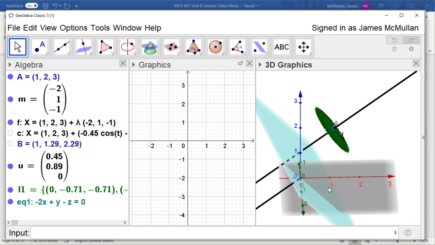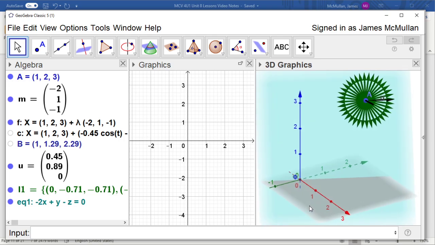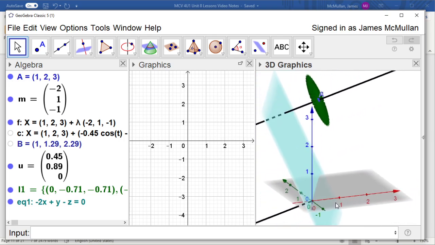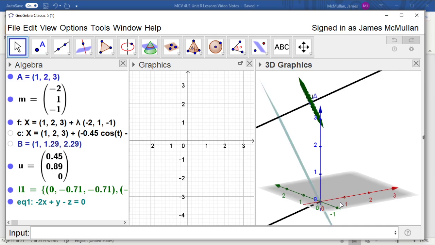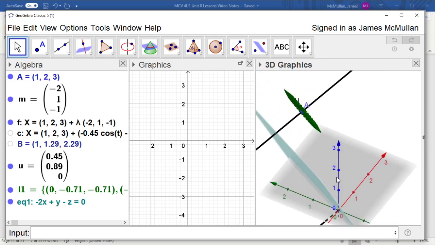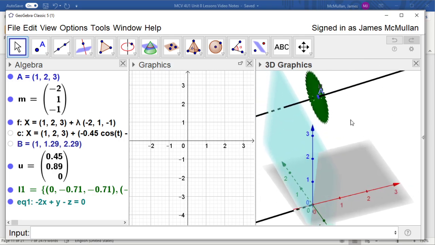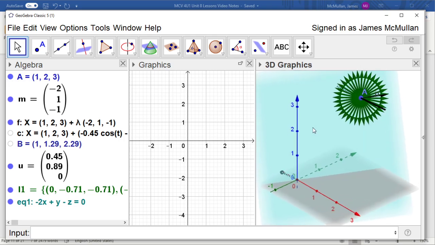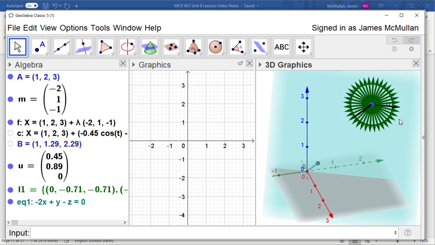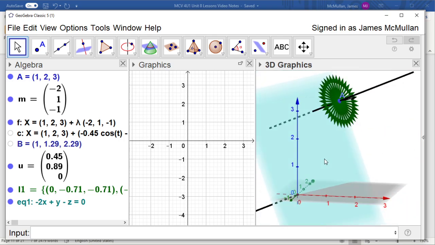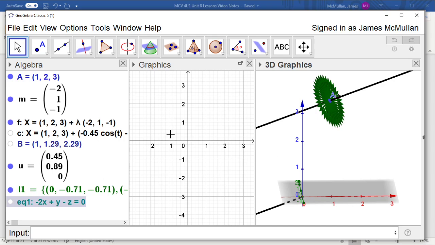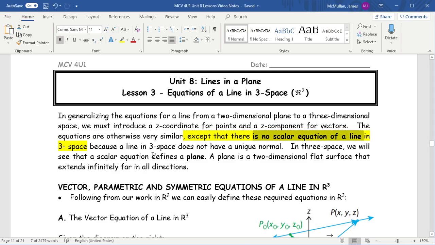And it should be noted that this plane has an interesting relationship to the direction vector, which is that the line is perpendicular to many things. Anything on that spoke would be perpendicular to the line. So don't worry about the plane for now. That's next unit. I just wanted to demonstrate why that equation is not going to be coming with us today, because a line does not have a unique normal.